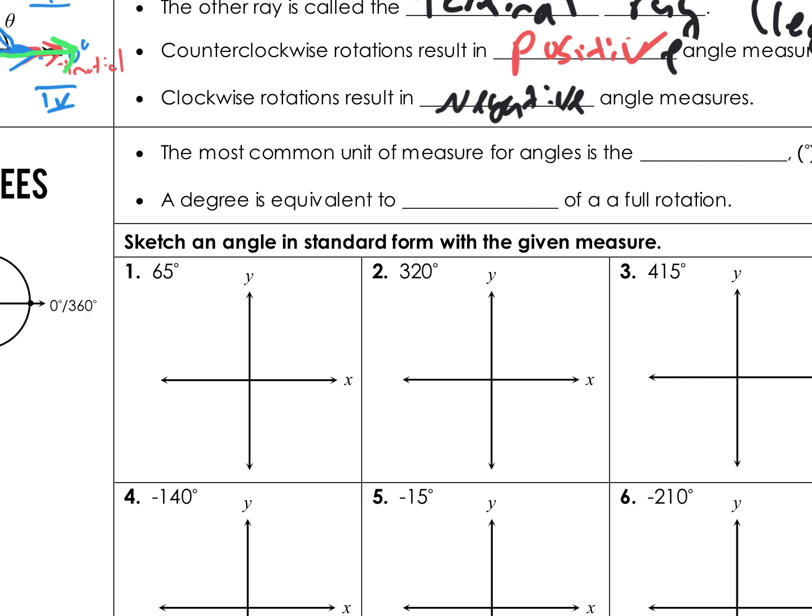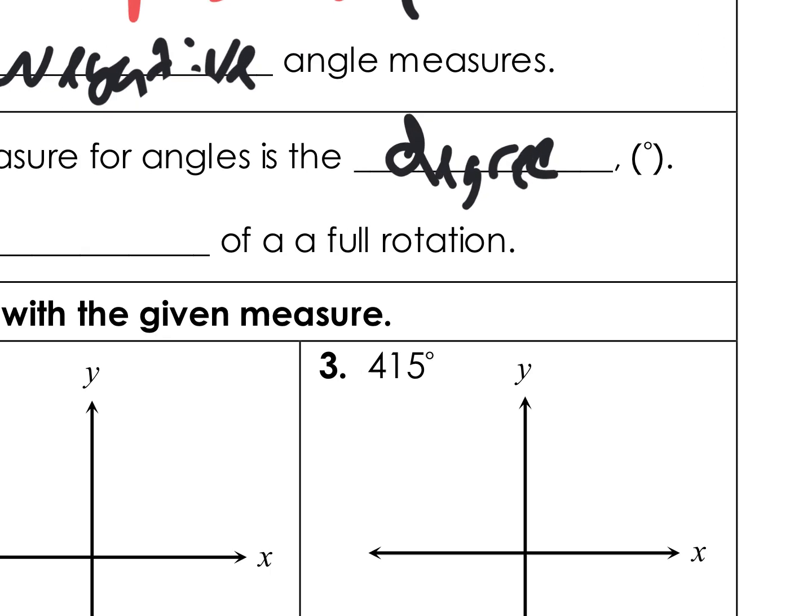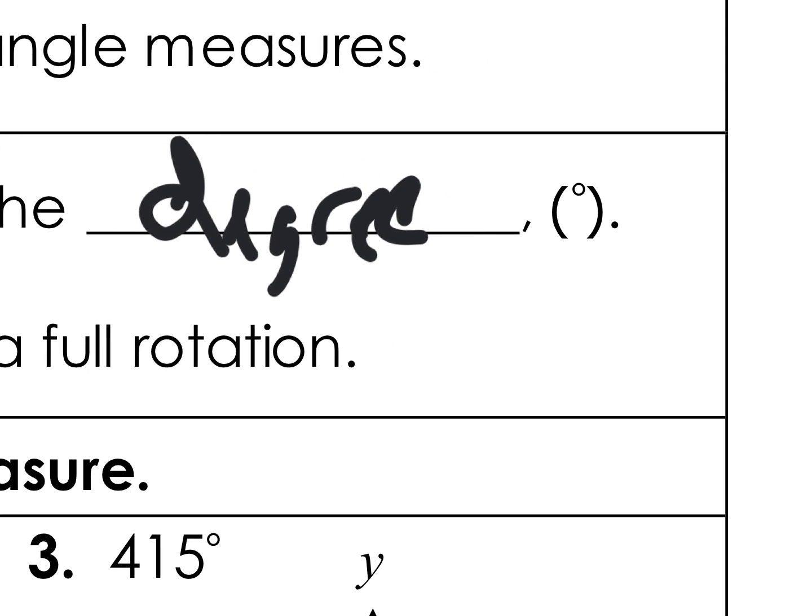The most common unit of measuring for an angle is the degree. You see that little symbol in parentheses? It's a little circle.